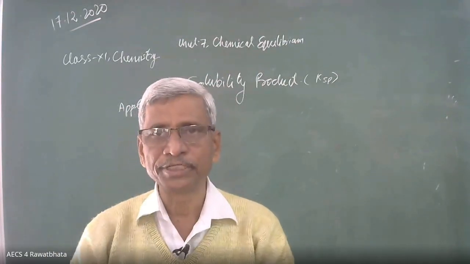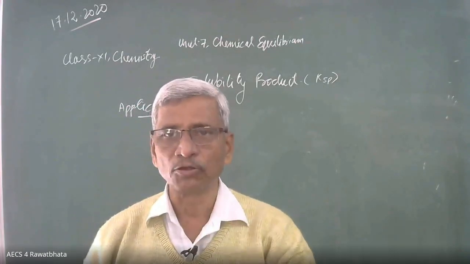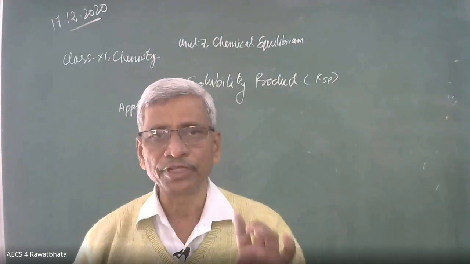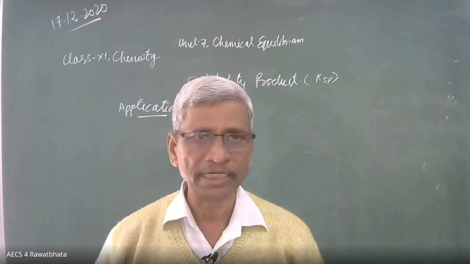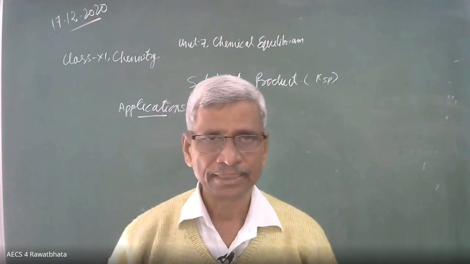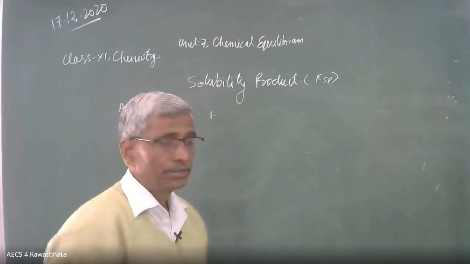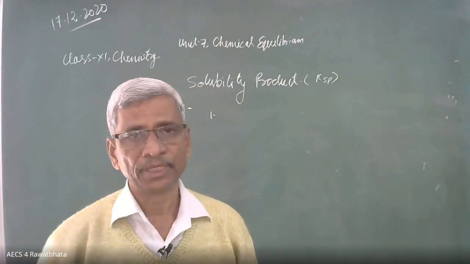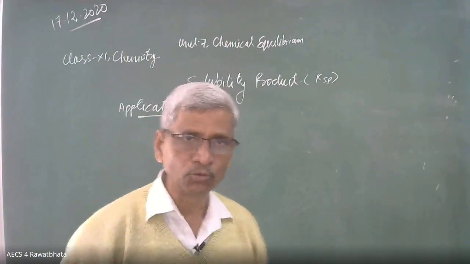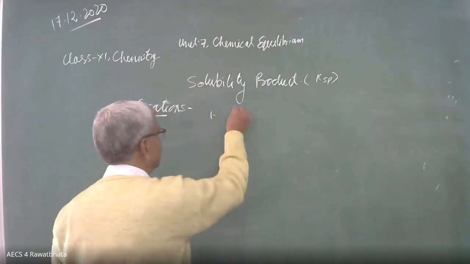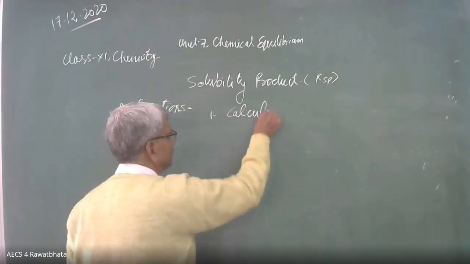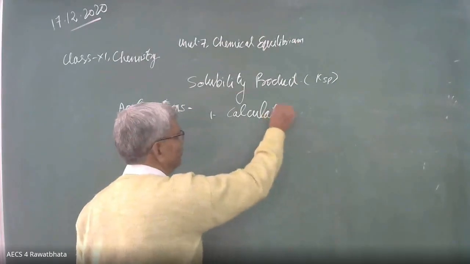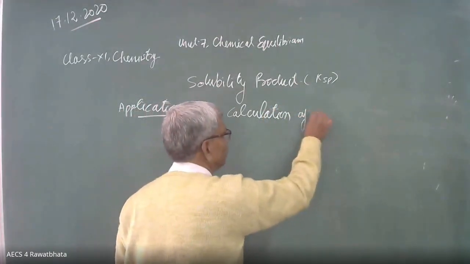But at room temperature, all sparingly soluble substances have a fixed value of solubility product Ksp. The first application is, we can calculate the solubility of a substance if its solubility product is known. Calculation of solubility.